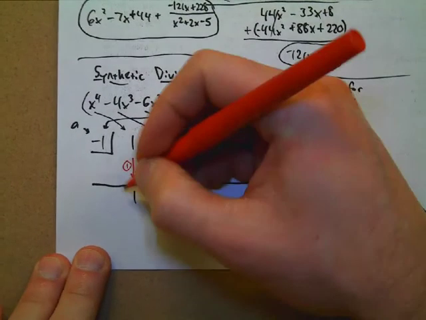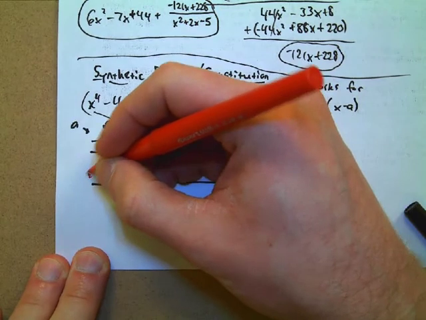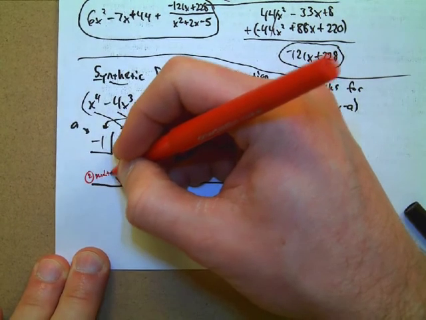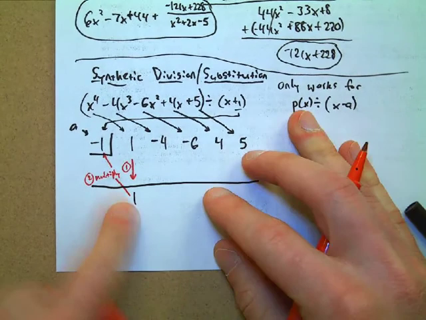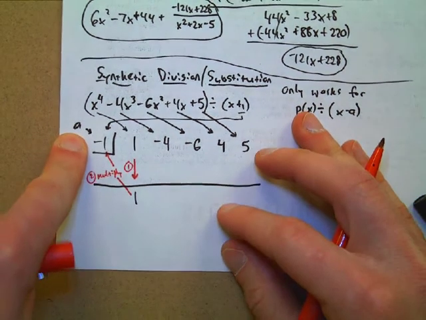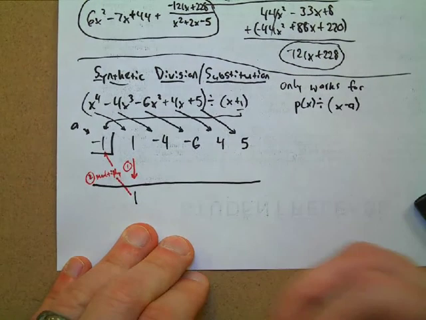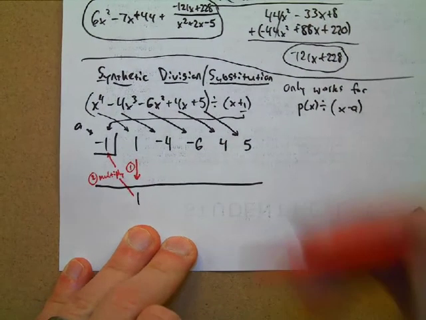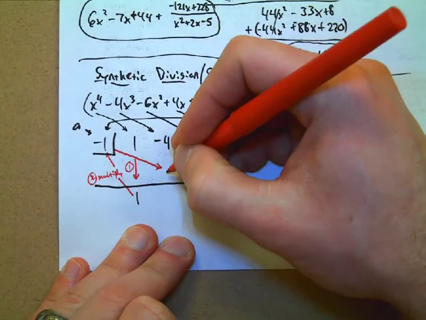Then you're going to take this number 1 here, multiply it with the negative 1. So 1 times negative 1 is negative 1, not a trick question. All right. And so then that new number goes right here.